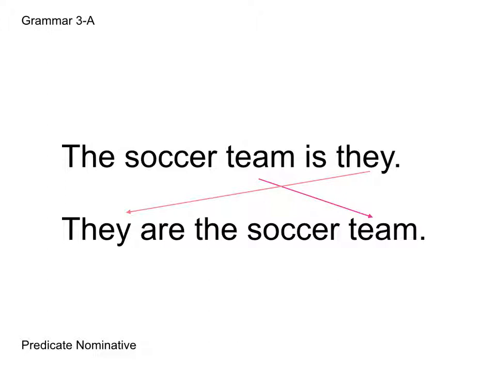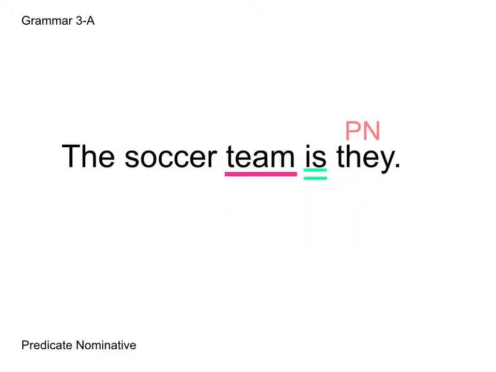They is our subject and soccer team is the predicate, or team is the predicate nominative. So that's why they is at the end of this sentence, the soccer team is they, because it is the predicate nominative. Therefore, it has to be a subjective pronoun. So let's look at the sentence again. The soccer team is they. Team is being renamed by they.